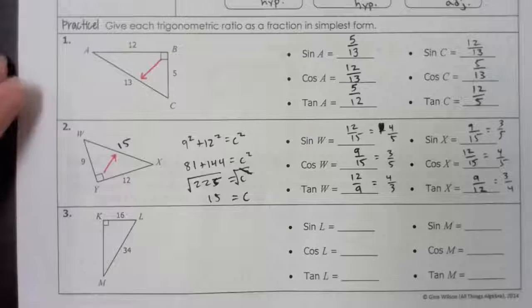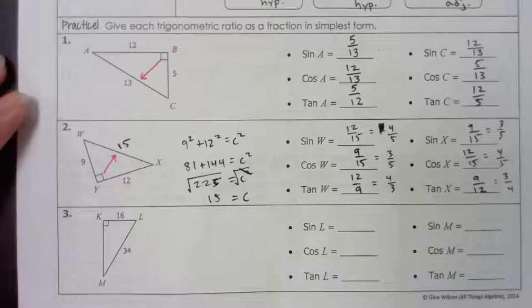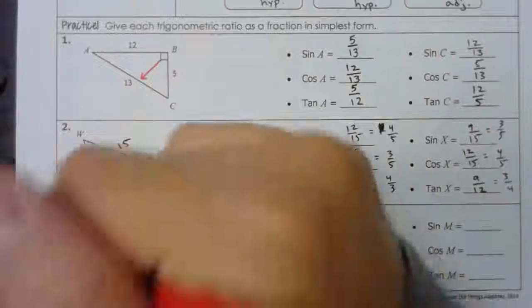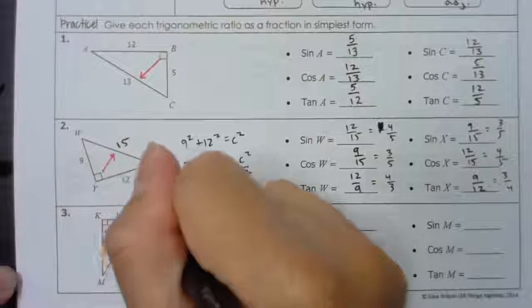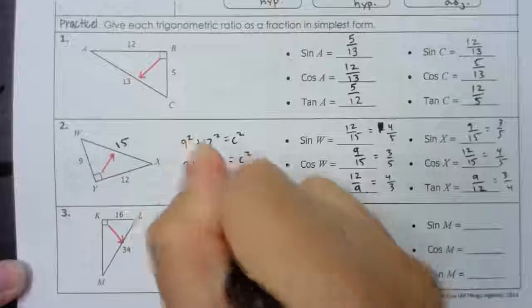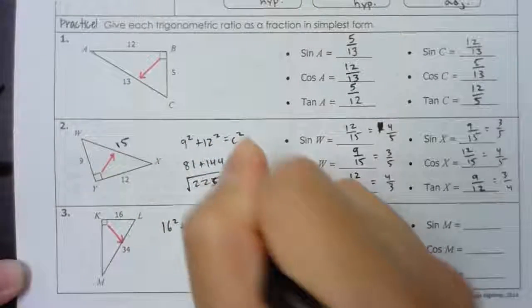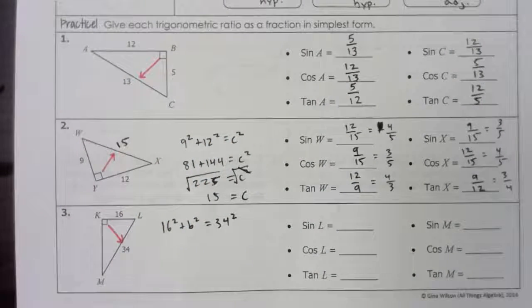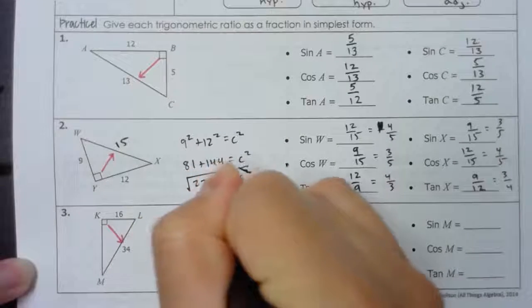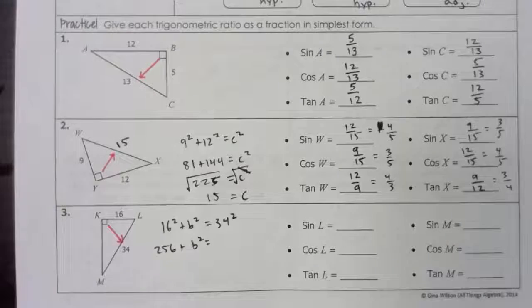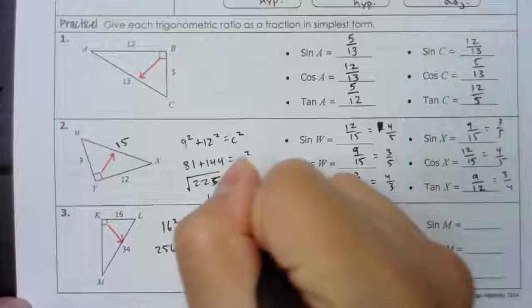For number 3, same thing. I do have to use the Pythagorean theorem, but this time the hypotenuse is given. So then I have to work to find b. So I have 16 squared plus b squared is equal to 34 squared. 16 squared is 256 plus b squared is equal to 34 squared, which is 1156.